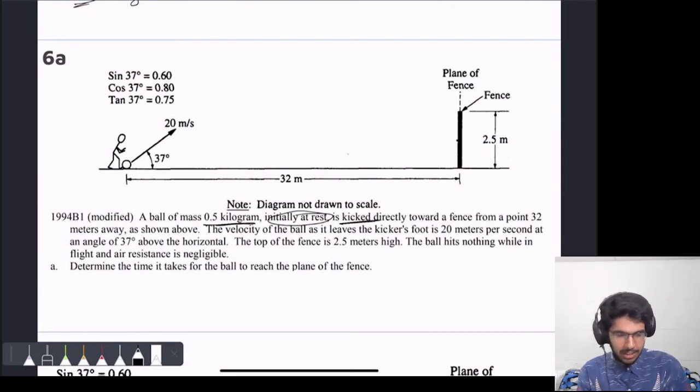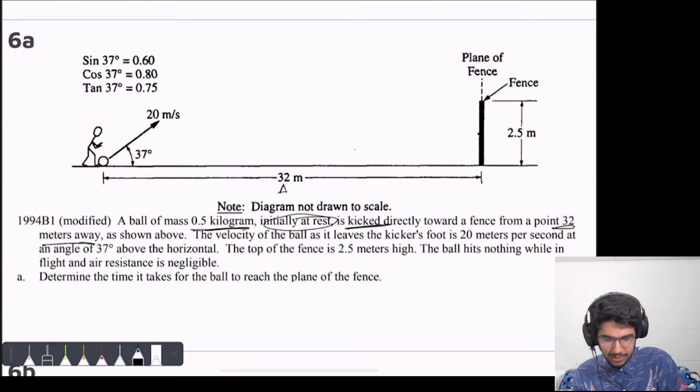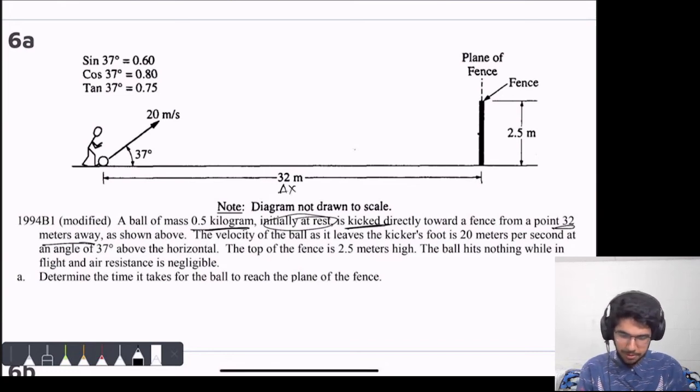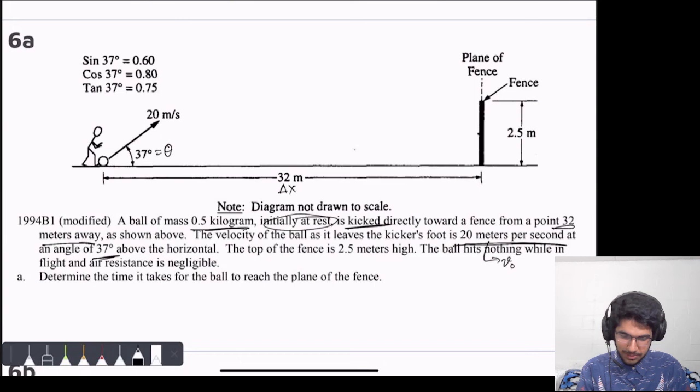But we're given that it's 32 meters away. So that is this, delta x. Should be quite familiar. The velocity of the ball as it leaves the kicker's foot is 20 meters per second. Hey, now that seems like a v naught. At an angle of 37 degrees, so that's our theta above the horizontal.